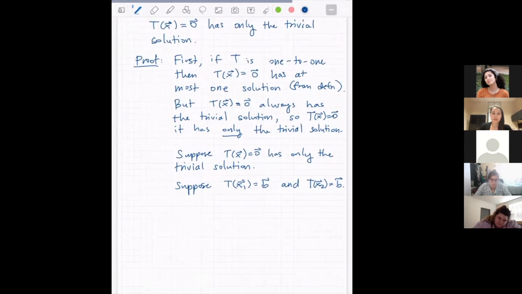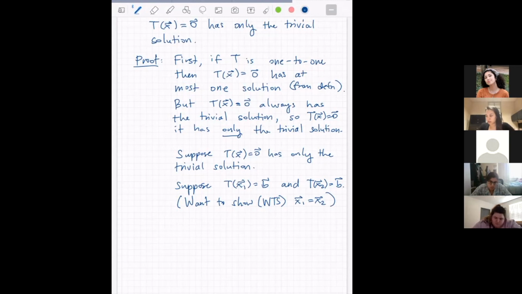So what we want to show, WTS in the future, is that we have to have X1 equals X2 if the equation T of X equals the 0 vector has only the trivial solution, right?